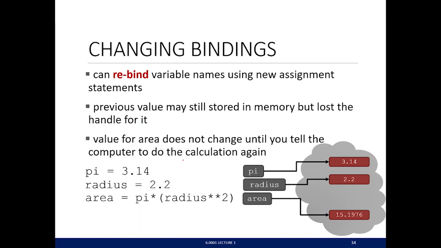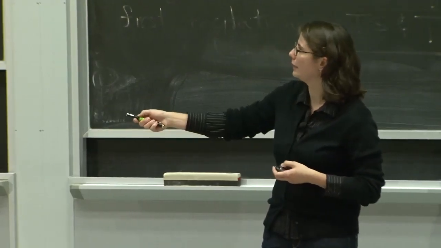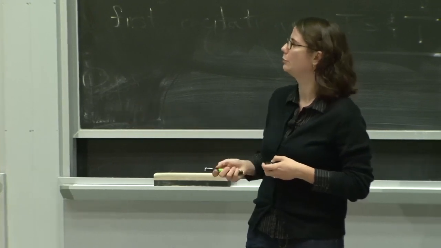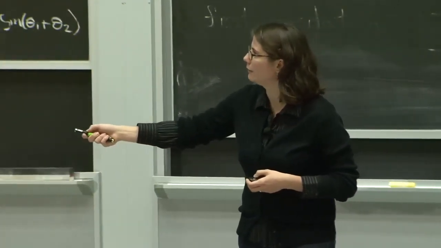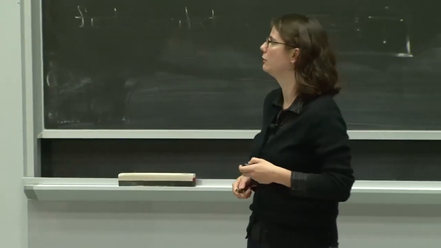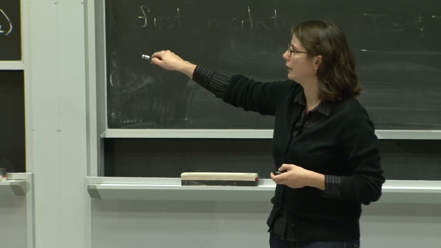Okay. So now let's say we rebind radius to be something else. Radius is already bound to the value 2.2. But when we do this line, radius is equal to radius plus 1, we're going to take away the binding to 2.2. We're going to do this calculation.